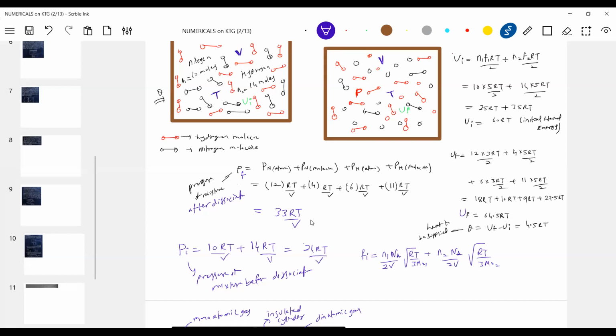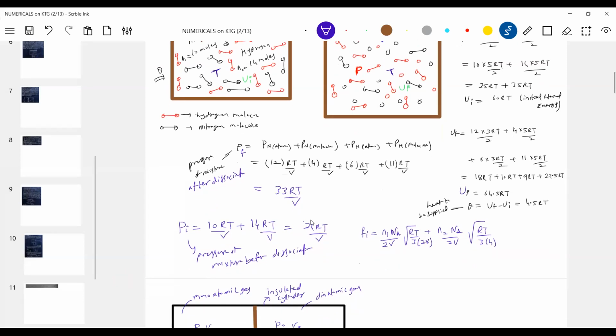This is the initial rate of collision, the total number of collisions per second per unit area. Now you calculate the final also. In that case, you have to be careful with the molecular mass. This is for nitrogen, I should write 28. Hydrogen is 4. Finally, the final rate of collision per unit area.